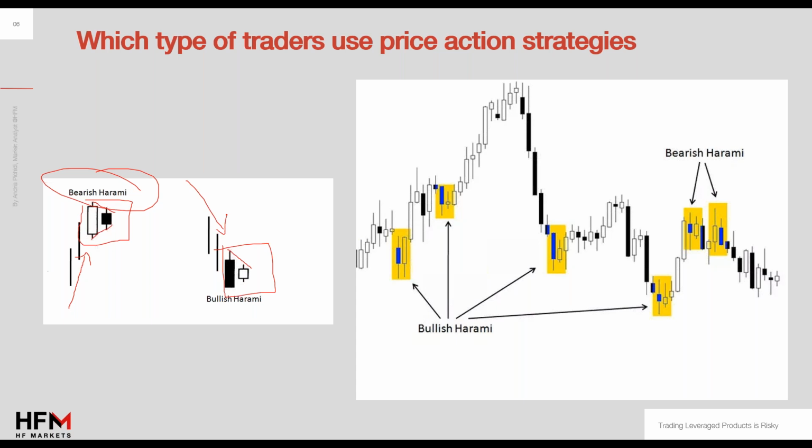If we are in a downtrend and we identify a Harami, with a lower high, that might confuse you a bit. Yes, I will clarify, don't worry. Let's take it step by step, because I don't want to confuse you with the inside bar, which implies a continuation pattern.